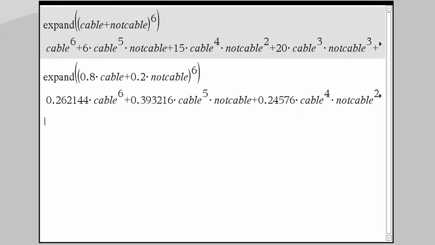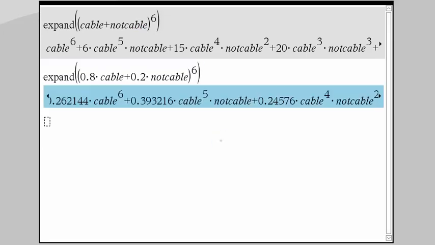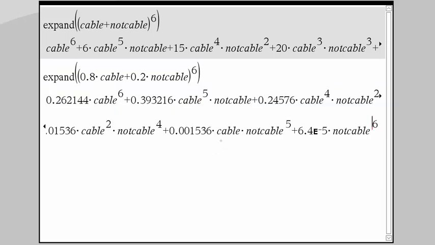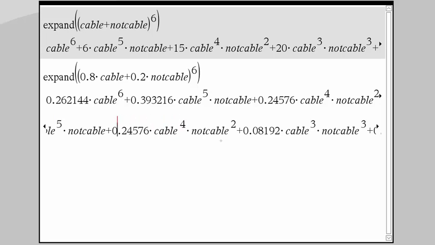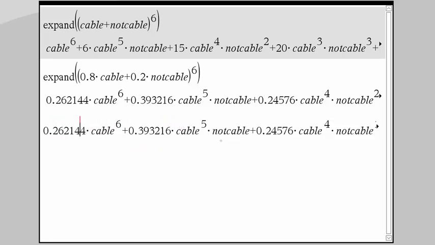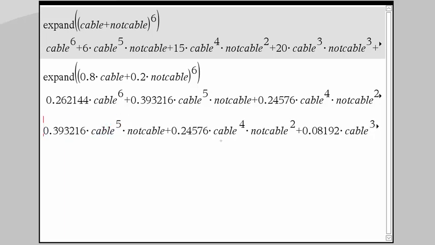So I'm looking for all of those probabilities except for the one where all 6 people had cable. So I'm going to start by going here, and I'm going to delete off the term where all 6 had cable, and what I really want is the sum of all the rest of those coefficients.